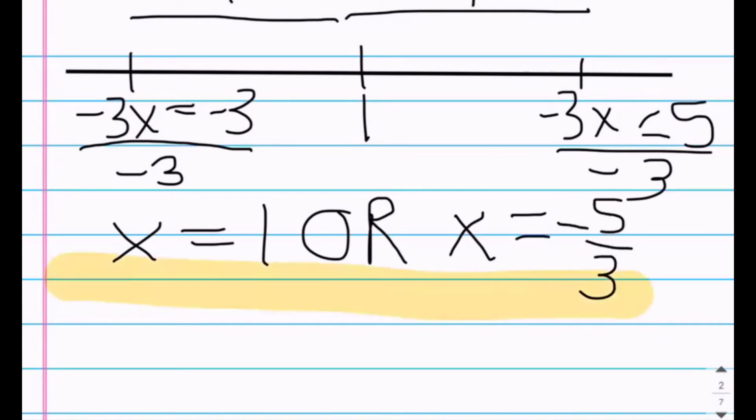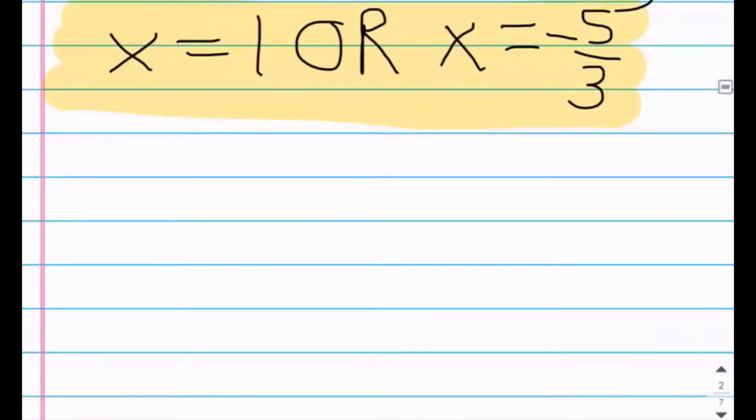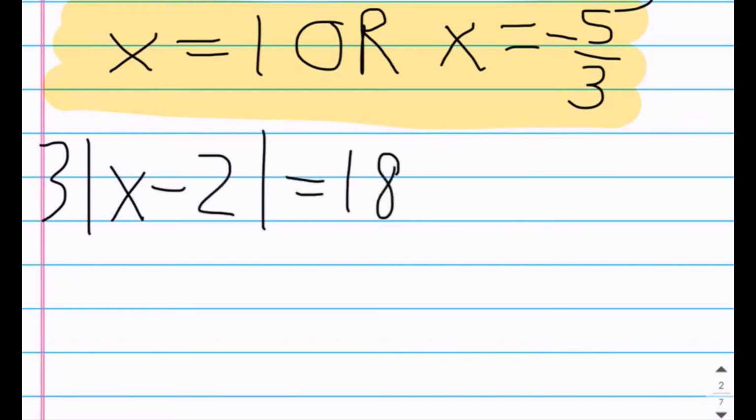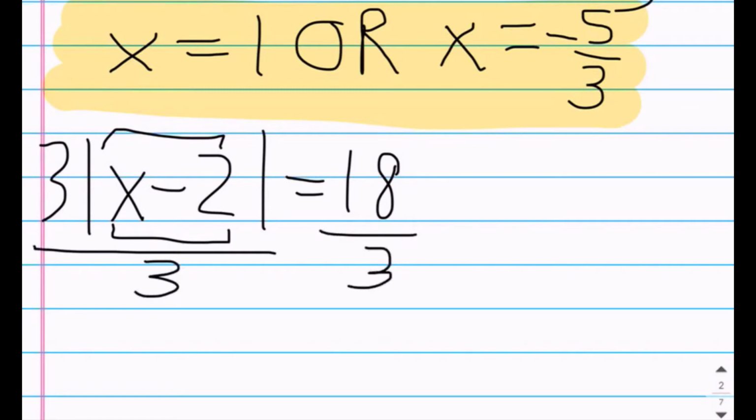All right, let's continue. Let's do it a little bit different. 3 times the distance between x and 2 is 18. Now, we're going to divide this by 3 because it's 3 times the distance. You never want to change anything inside this, but you can always edit the things outside that are being multiplied to the absolute value. So, since this is 3 times the distance between x and 2, why don't we divide this side by 3 and divide this side by 3.